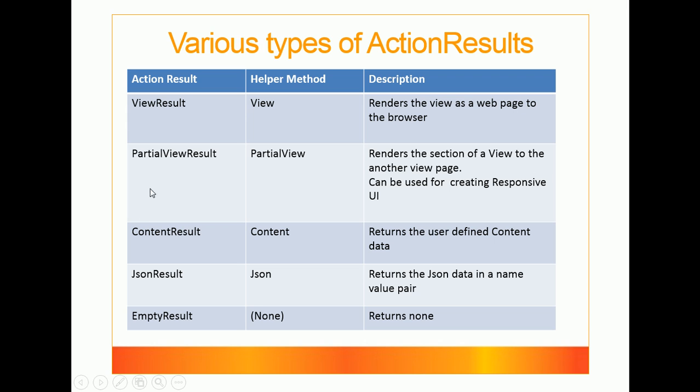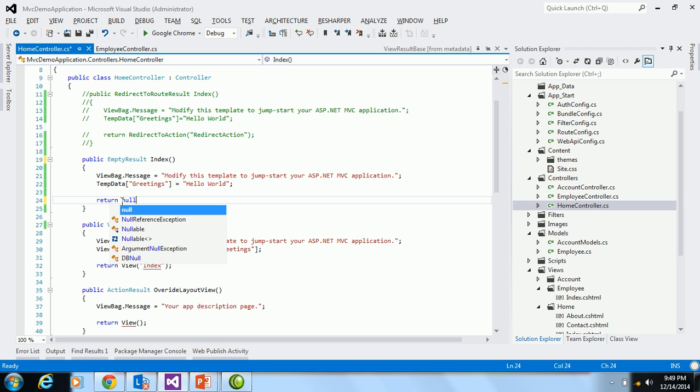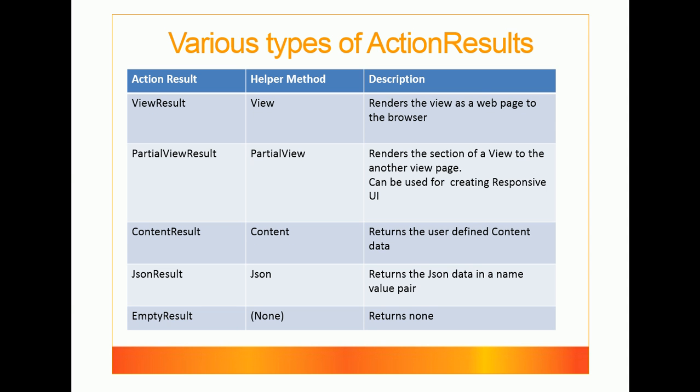Now next, we shall see empty result. Okay, empty result returns none. If we use empty result, it's nothing but it returns none. We have to use return null. It just returns null.